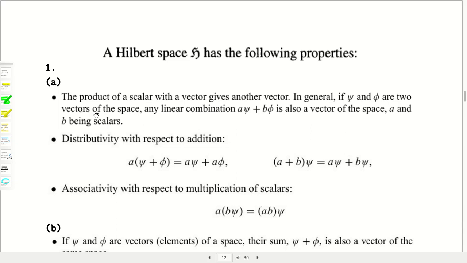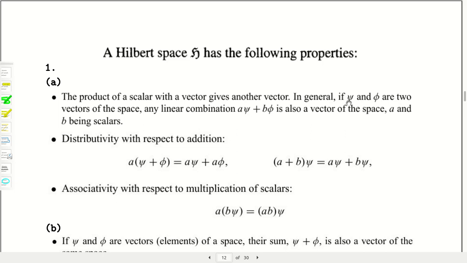The term vector comes from the n-dimensional vector space. As the Hilbert space is analogous to n-dimensional vector space, the properties of n-dimensional vector space are there in the Hilbert space also, but in Hilbert space you are not going to write any vector sign. The function space is meant here by the Hilbert space.